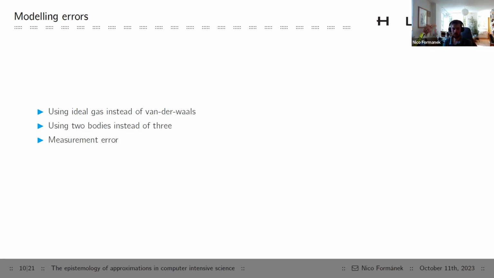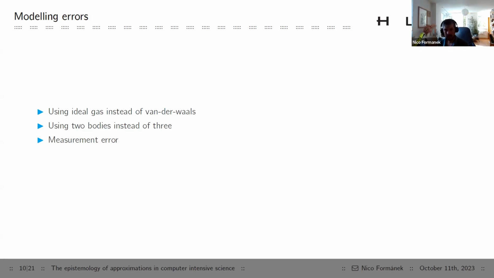And what I put here too as a modeling error is measurement error. This is in a numerical context sometimes done. So if you have an experiment which you want to compare to some kind of computation, a computer simulation or whatever, then this is thought of as being on the same epistemic footing as a modeling error, somehow can be absorbed into the modeling error.